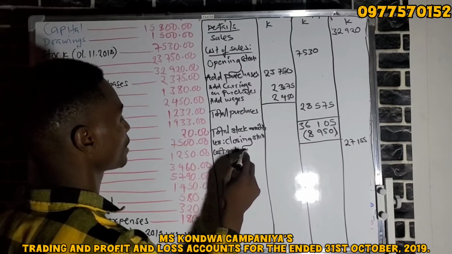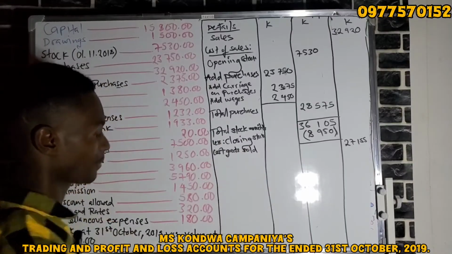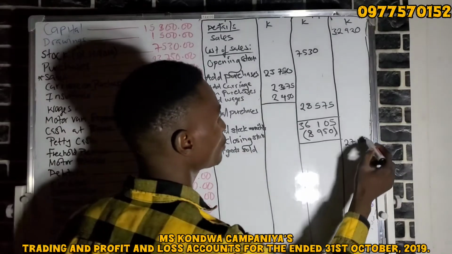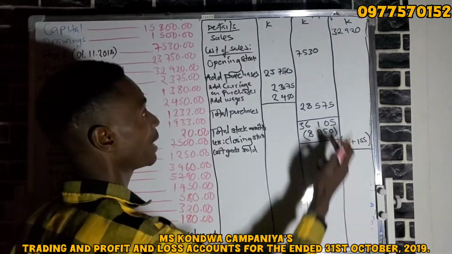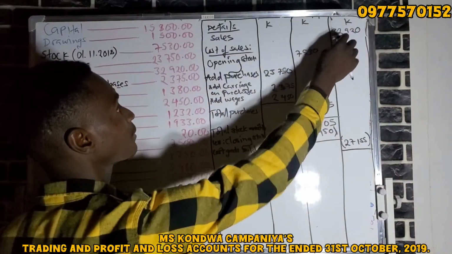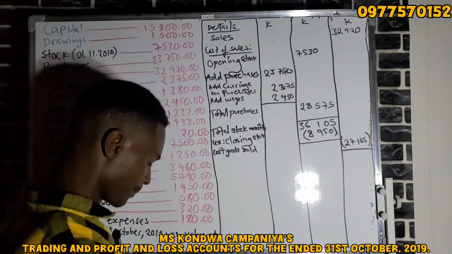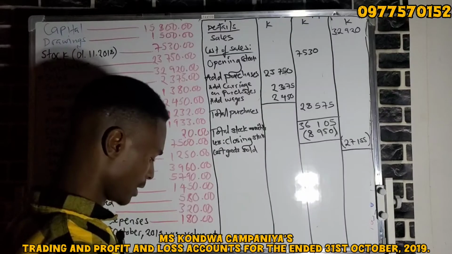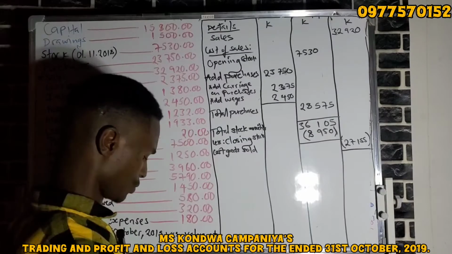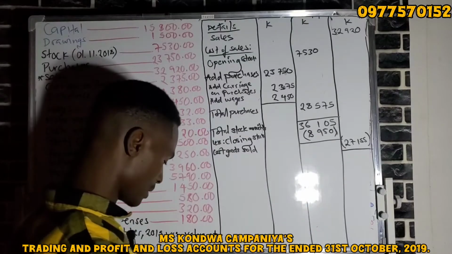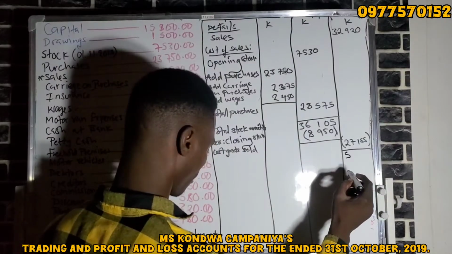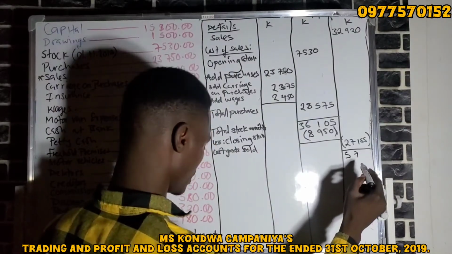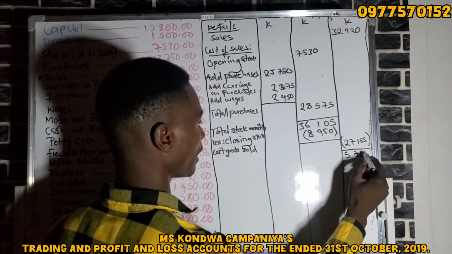Then we're going to subtract the cost of goods sold from the sales, which is 32,920 minus this. We're going to have 5,765.